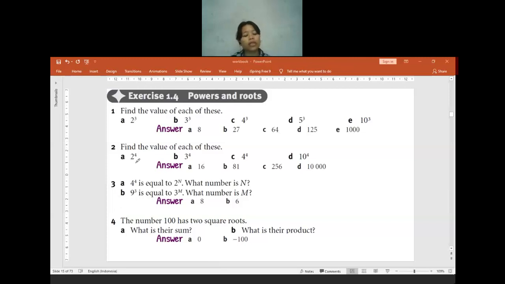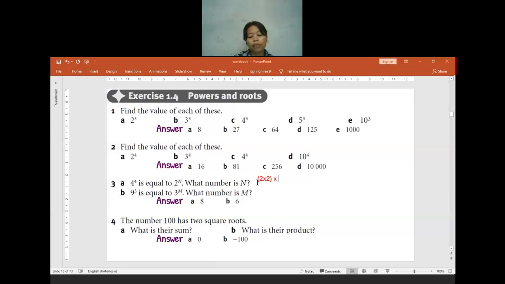For question 3, 4 to the power of 4 is equal to 2 to the power of something. If you get confused, it will be easier if you break down the number 4 into 2 times 2. For 4 to the power of 4, there are 4 numbers of 4, and each number of 4 I will break down into 2 times 2.